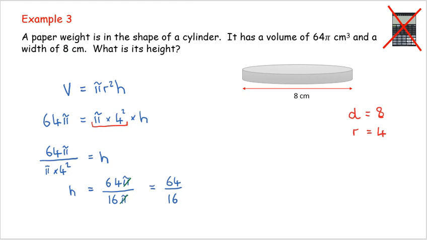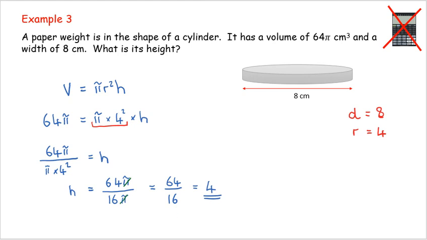And 64 over 16 is again something we can just calculate. Now, those of you who are good at your 16 times tables will realise how many times 16 goes into 64? So just 4 times. So our answer here is just going to be 4. So dividing top and bottom by 16 in that case.